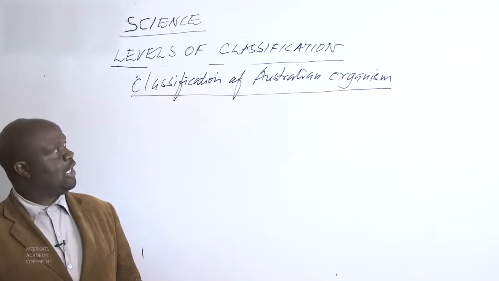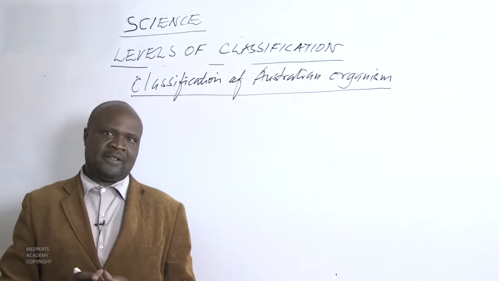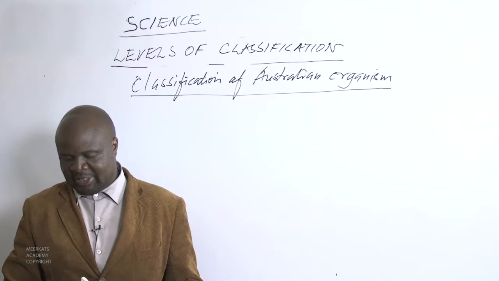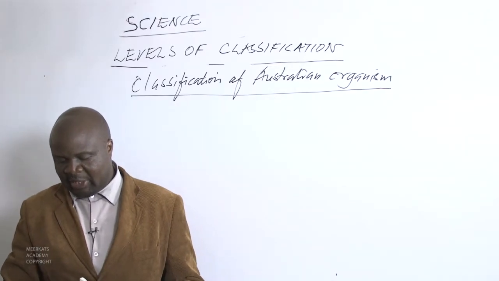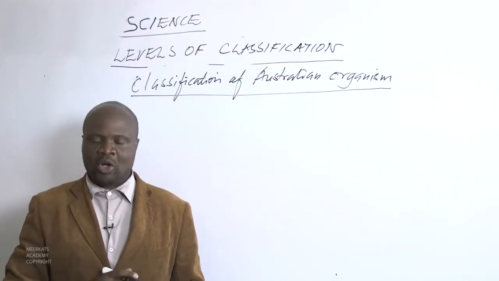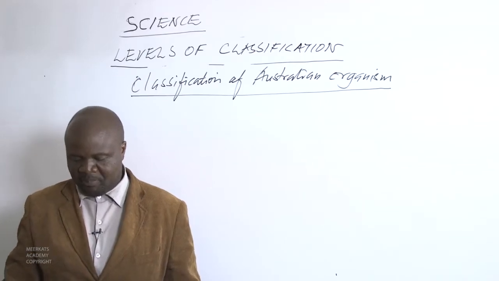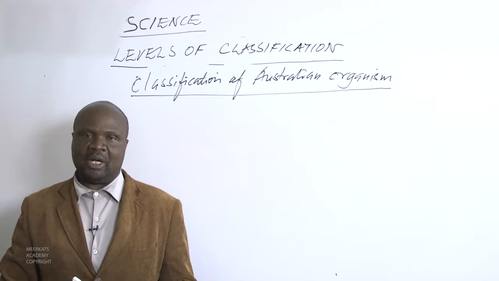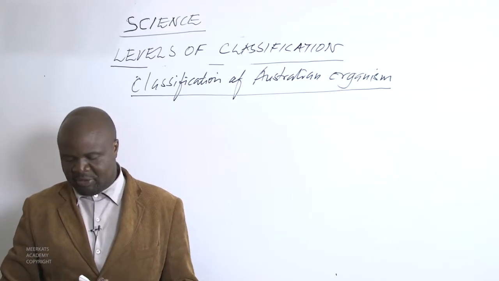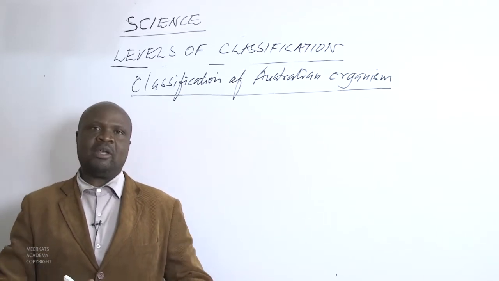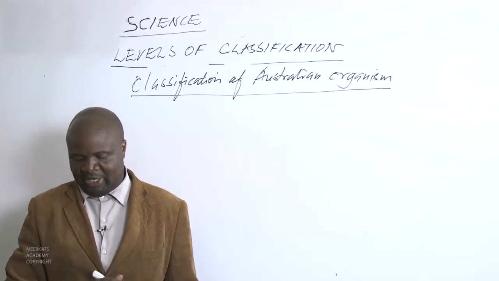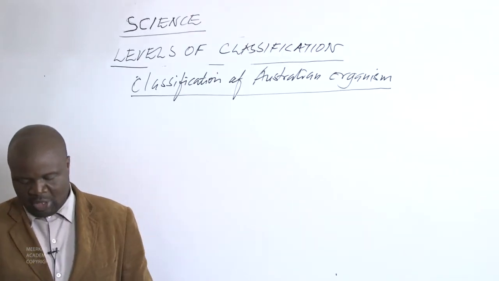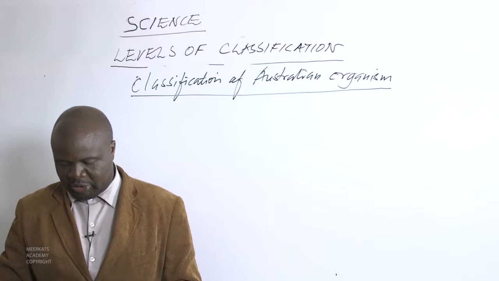We shall see how we can classify these three kangaroos that look alike. They are in the same kingdom, the same phylum, the same class, the same order, but we shall see what we can do when we want to classify them.